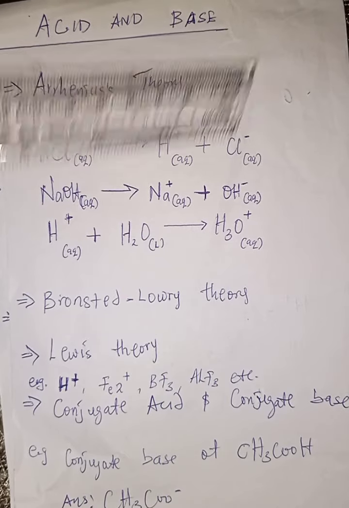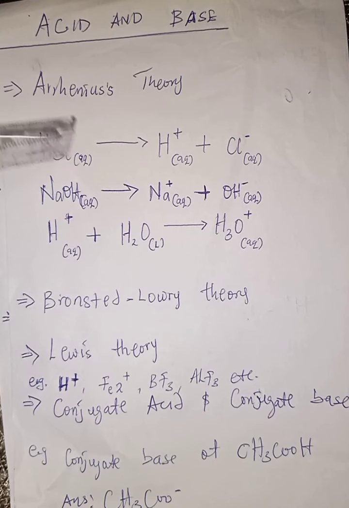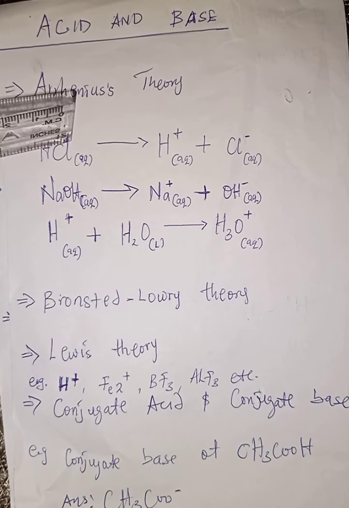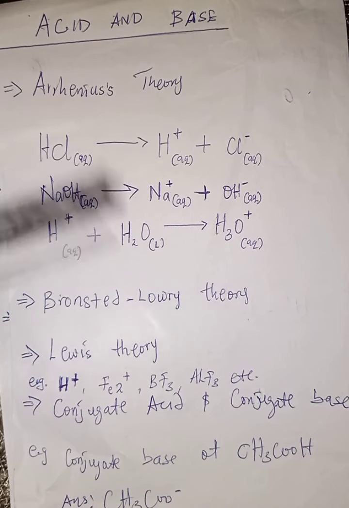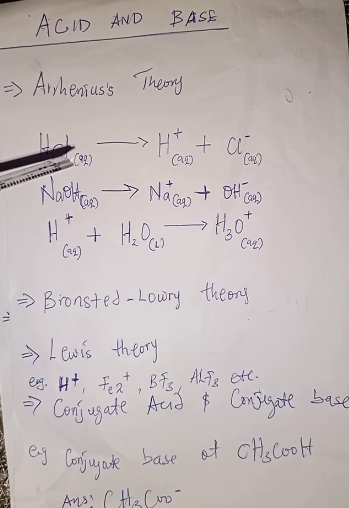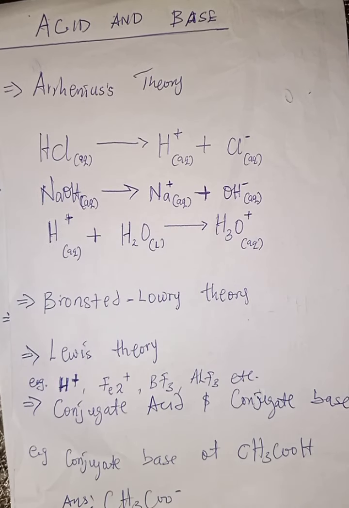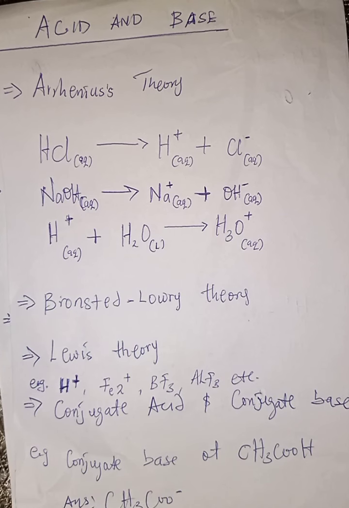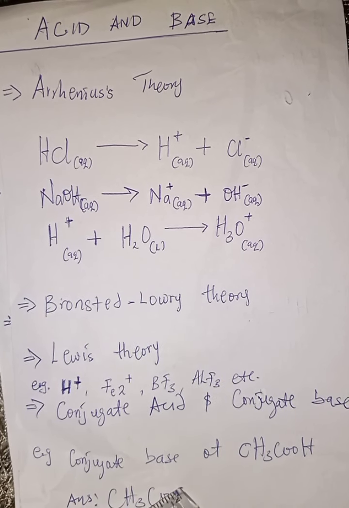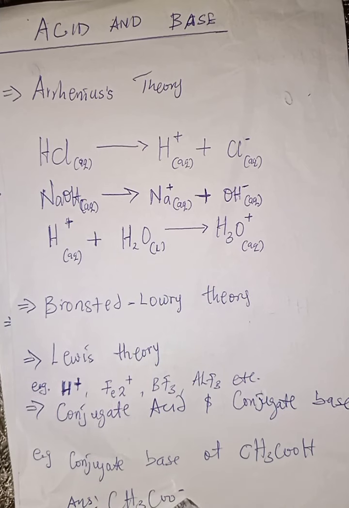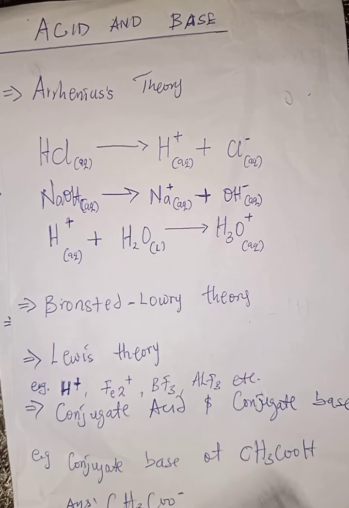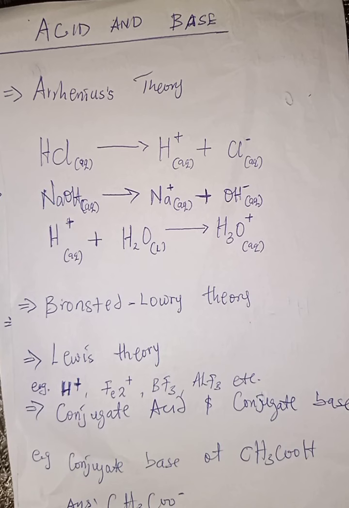That Cl minus that is formed when you remove hydrogen ion is called the conjugate base of this acid. Take note of the sign. You have a minus sign here because H plus has been removed. If you add another H plus to this one, plus and minus will cancel out, and you have a neutral compound.